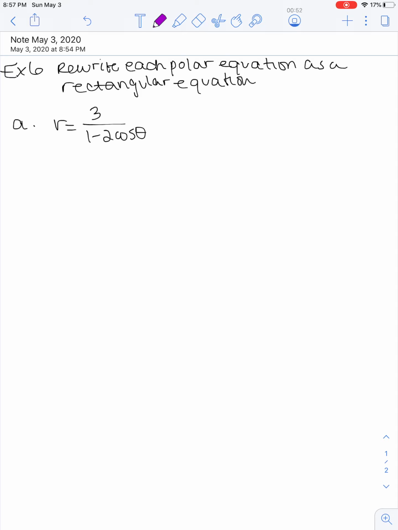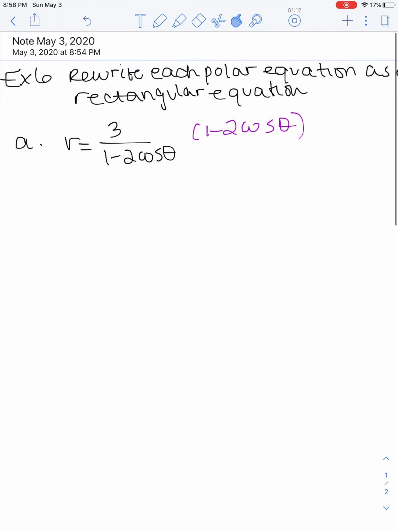and y. So the first thing that I notice is that it's a fraction, and that's not maybe super helpful in this process. So I'm actually going to go ahead and multiply 1 minus 2 cosine theta out to both sides.